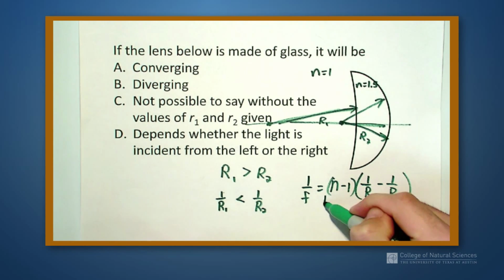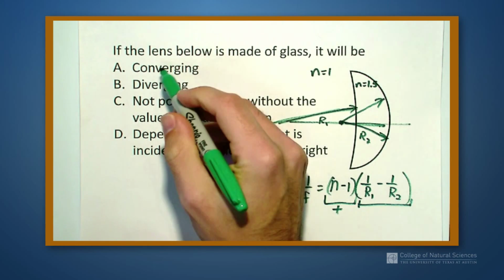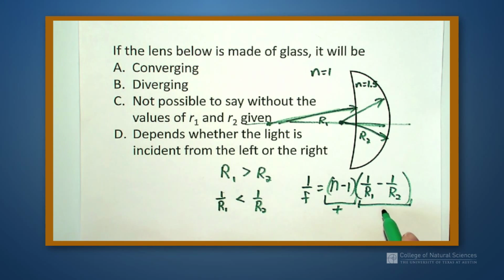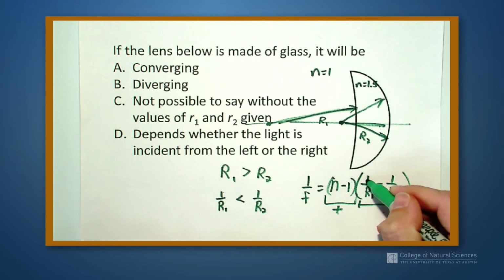This value right here is positive, and we'll know if it's converging or diverging based off of if this is positive or negative. Well, since R1, our first surface, is actually a negative value, so this is a minus value.